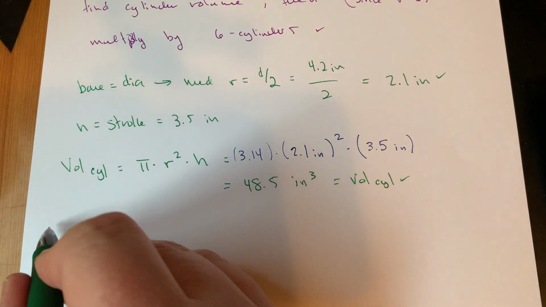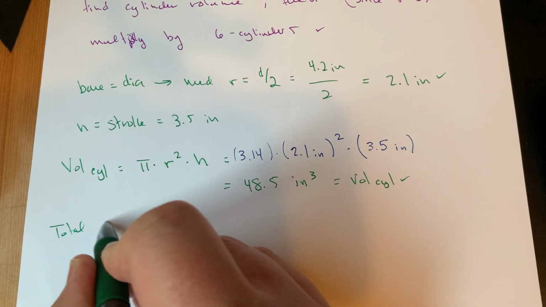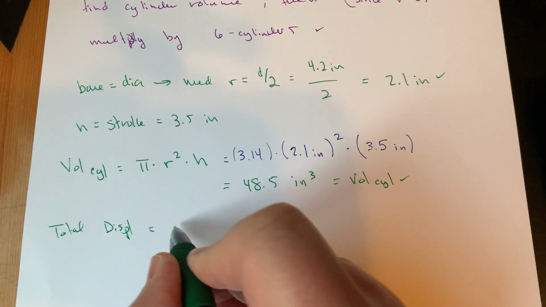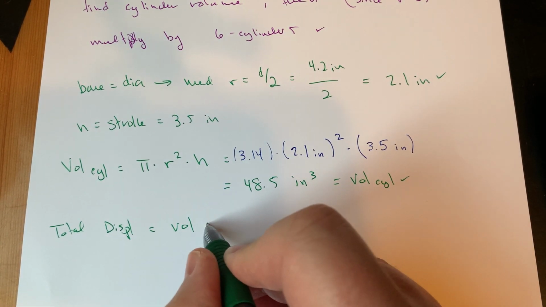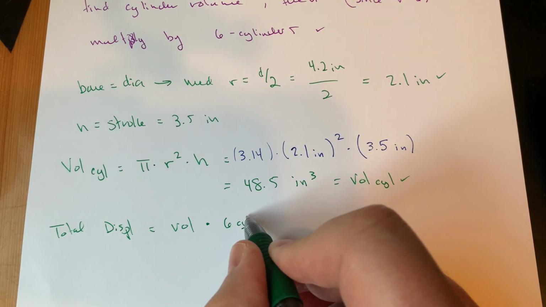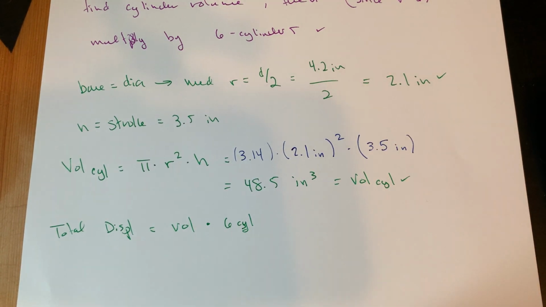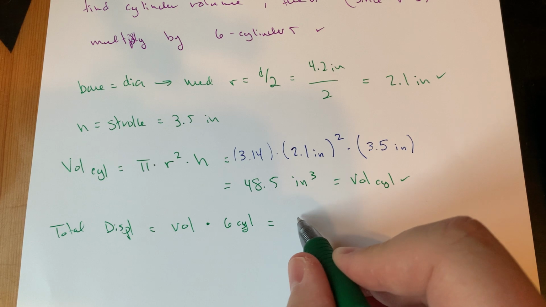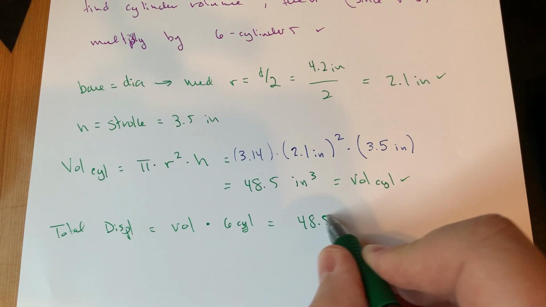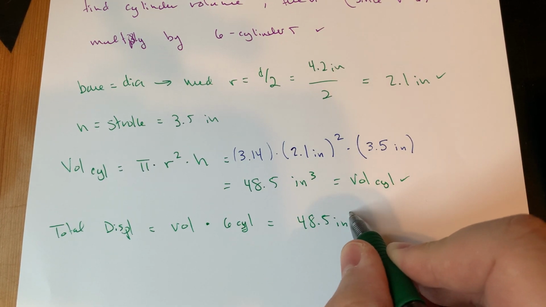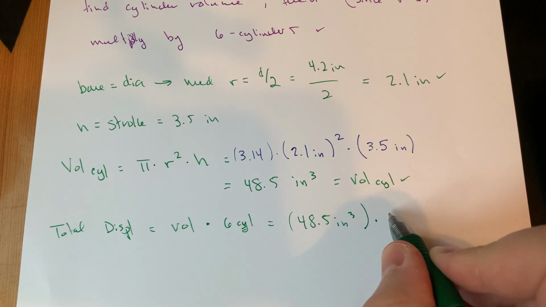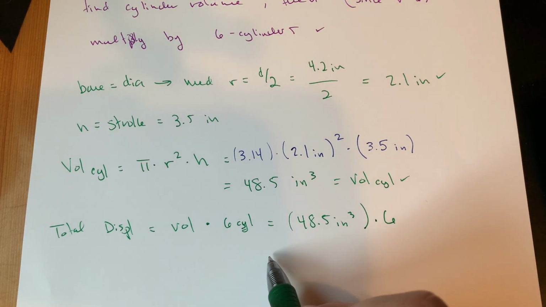So my total displacement is that volume times 6 cylinders. Okay. So 48.5 cubic inches per cylinder times 6.